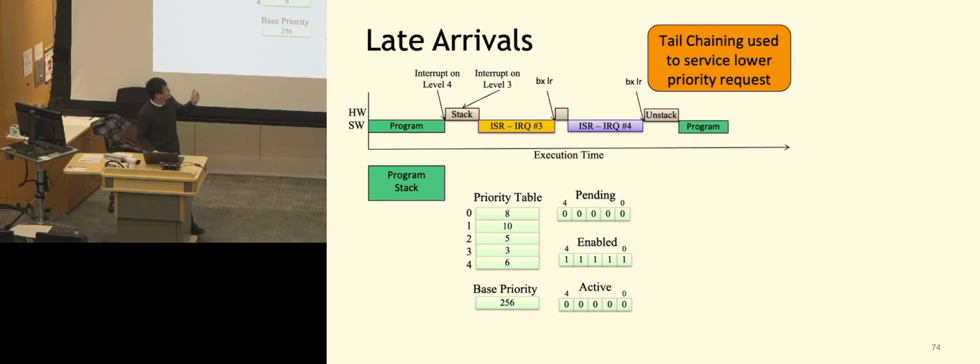So we just don't do another unstack. We keep everything there, and then finish the number 4. And then after we finish it, we do one unstack for all of them, and then set the active bit to low. We set the base priority back to 256, and everything is just like nothing happened, except interrupts happened. But the main program still goes back to where it left off.